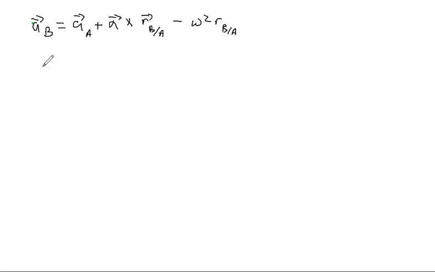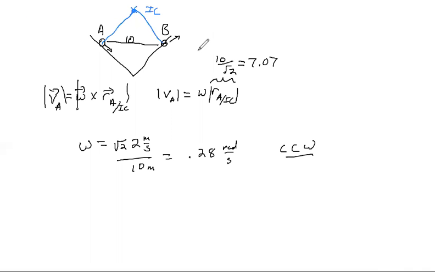Plugging in the numbers and the things that I know, look at the picture, the acceleration of B must be along the ramp. So that means that the acceleration of B, the vector, must equal its magnitude, or not magnitude, just the component, I guess, in the direction along the ramp.